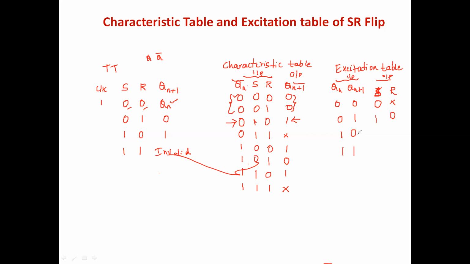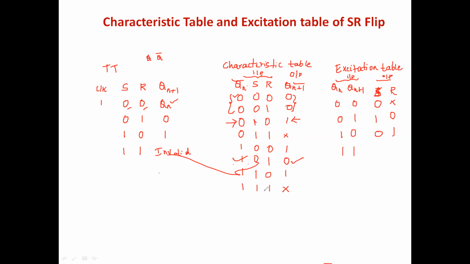Next for 1 and 0: Qn is 1, Qn plus 1 is 0. So for 1 and 0, the value of S is equal to 0 and the value of R is equal to 1.